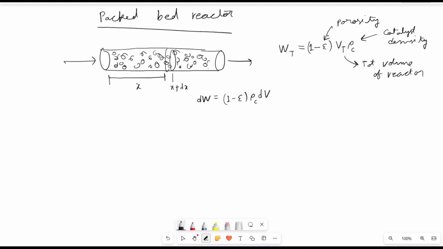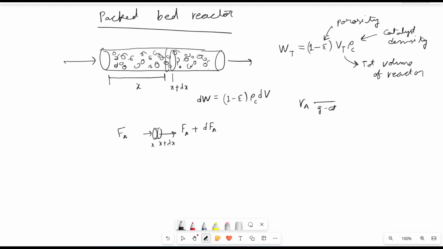In this case also the material balance will be the same. This is the x plus dx location. Molar flow rate of A entering, molar flow rate of A exiting is this. Now in this case the rate of reaction will be in terms of per gram catalyst.